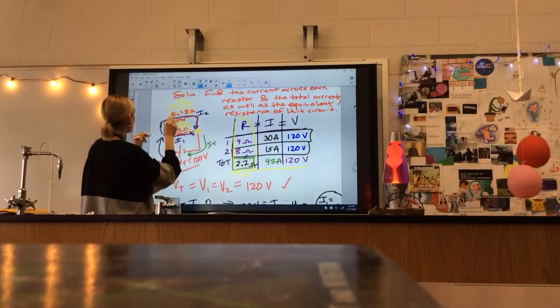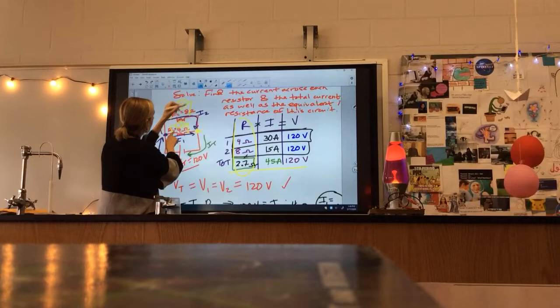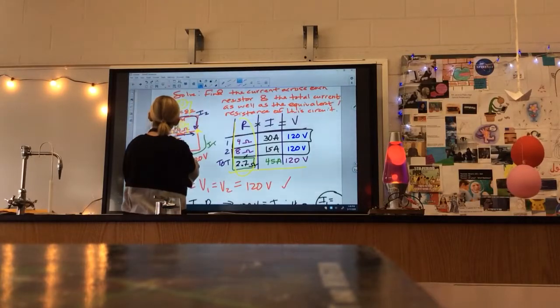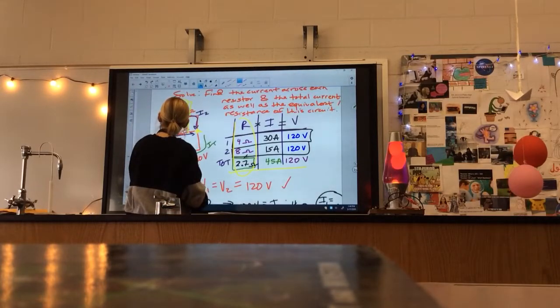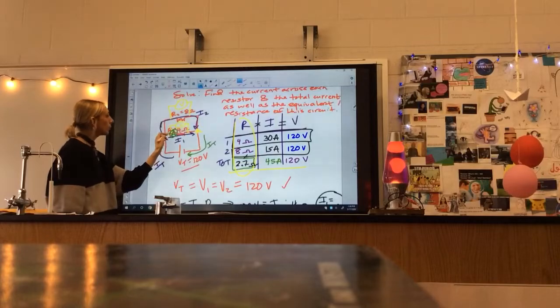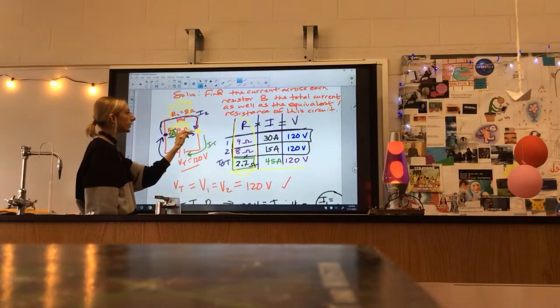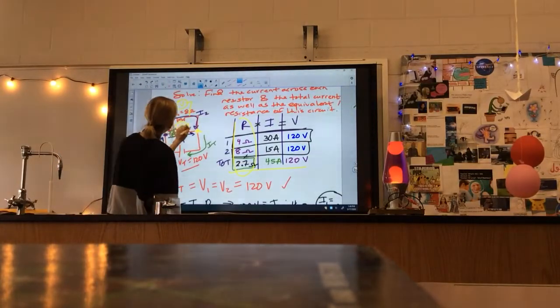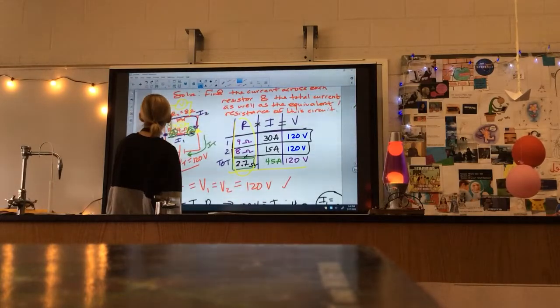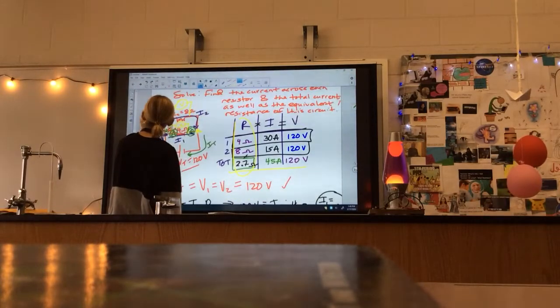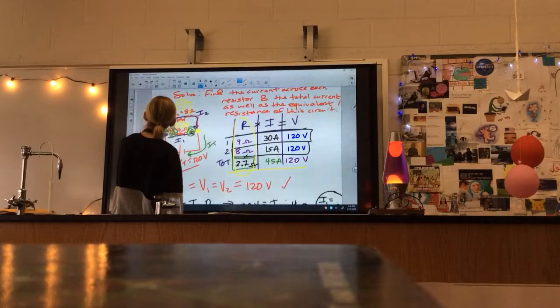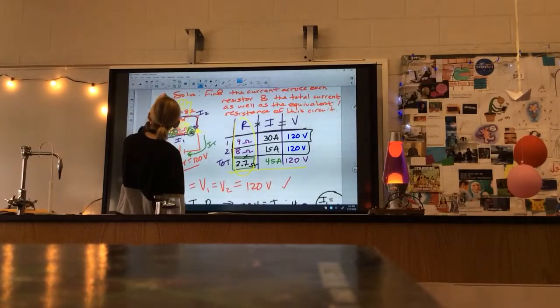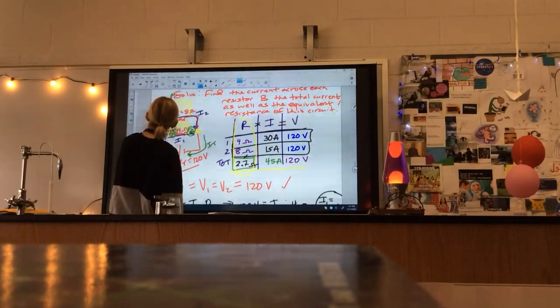Well, there's two places I can put it, but it definitely needs to be either after this first junction, so right here, or before the junction where it rejoins current 2. So either of these are going to measure my 30 amps or I1.